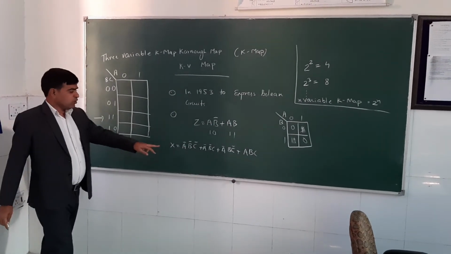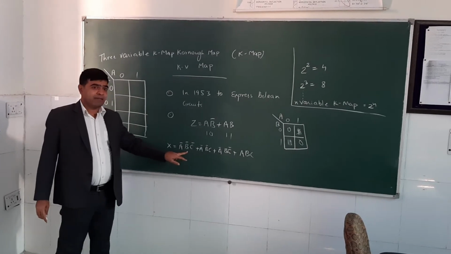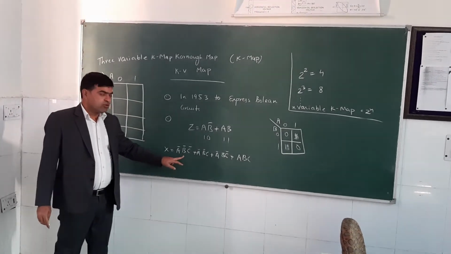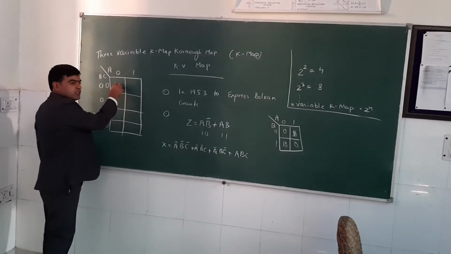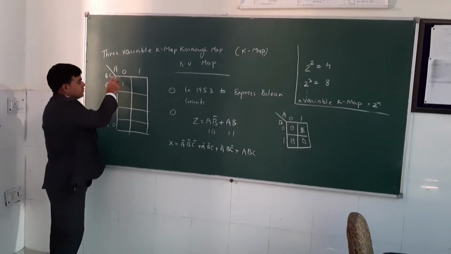The first term is A bar, B bar, C bar, which gives 0 0 0: A is 0, B is 0, C is 0.